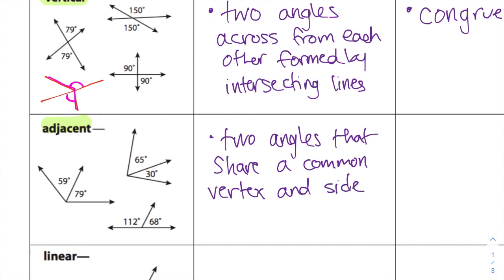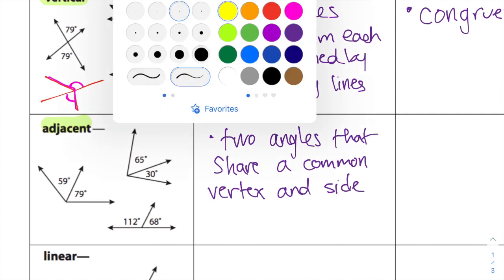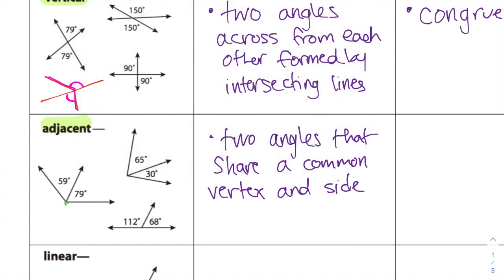So if you look over here in the picture, the common vertex, remember the vertex is the point where the angle turns or bends. So they have the same vertex, and they have a side that they're sharing. They both share that common side. Another way to think about it is they're just next to each other.